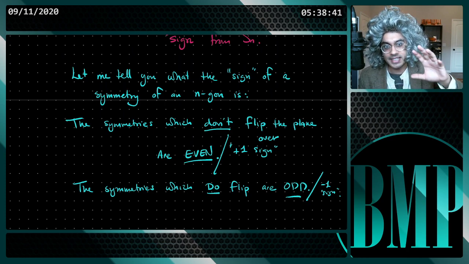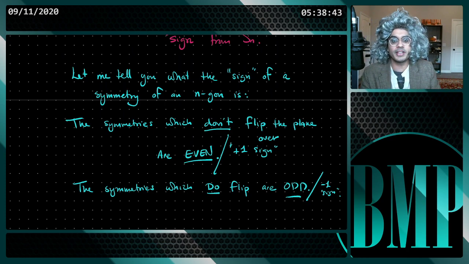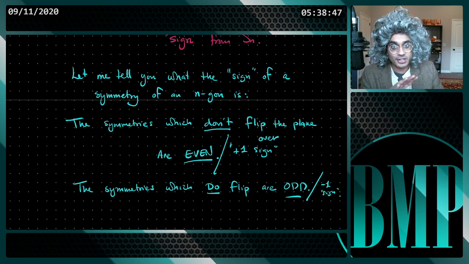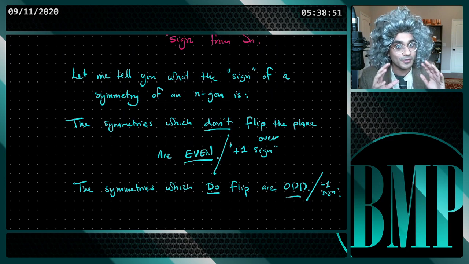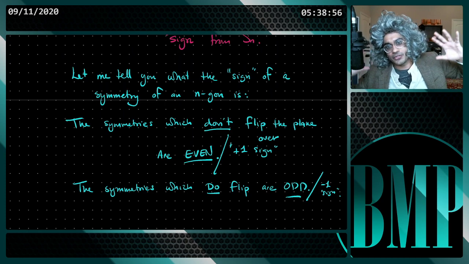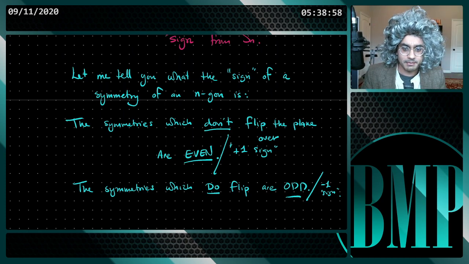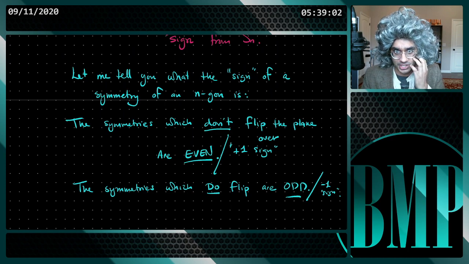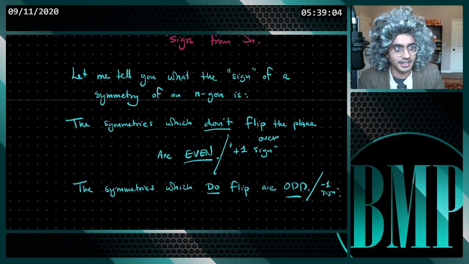And then you do the transformation and suddenly the clocks start going the other way. That is the hallmark of whether the transformation had a positive sign, if it keeps clocks the same way, or if it had a negative sign. If clocks start going the wrong way, that's a more geometric incarnation of this concept of sign.